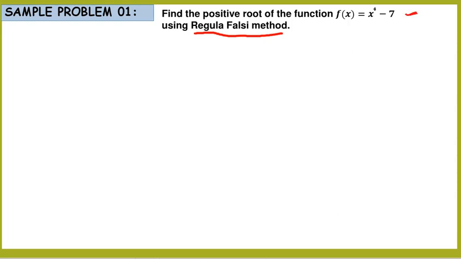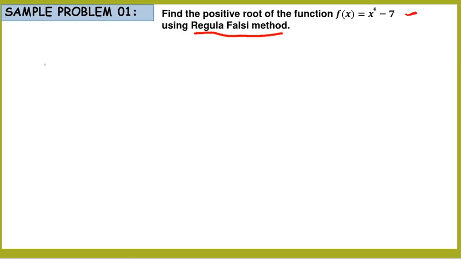Ito din yung first example natin sa secant method so that you can compare yung mga sagot natin. So yung mga sagot natin is actually near doon sa isa't isa. Either you're using bisection, secant, or regula falsi, yung lalabas na root of our nonlinear equation is actually or approximately equal. Malapit lang sila sa isa't isa.